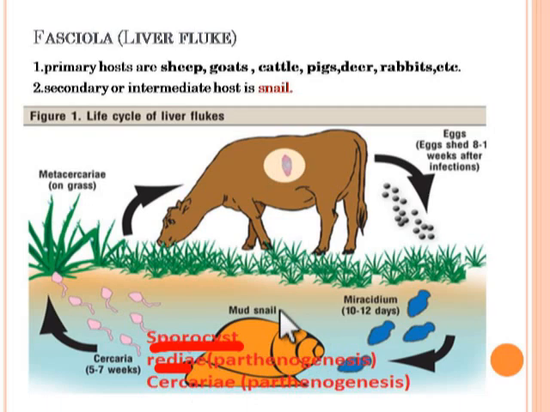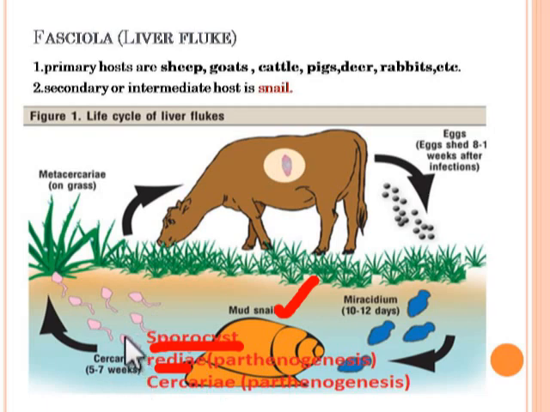Snail is the secondary or intermediate host. This miracidium becomes SRC in the mud snail. After this, it will attain another larval stage, that is termed cercaria. After 5 to 7 weeks, it will become cercaria.